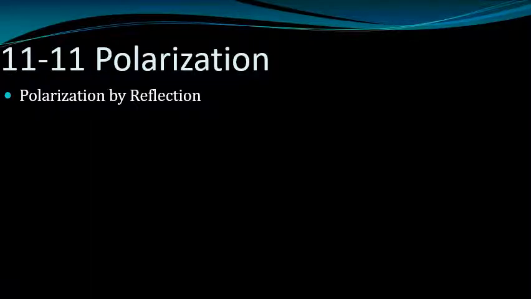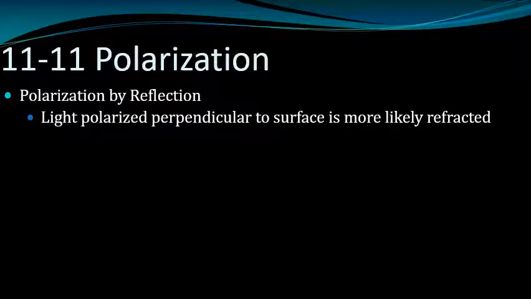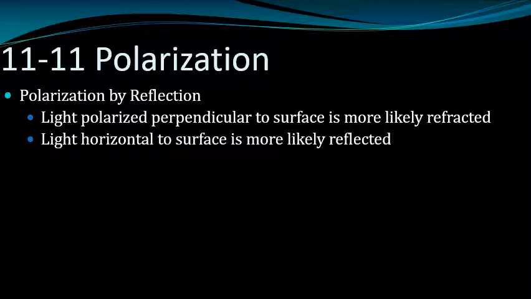All right, I've been telling you that light reflecting off a flat surface can be polarized. Light polarized perpendicular to the surface is more likely refracted. Light horizontal to the surface is more likely reflected.